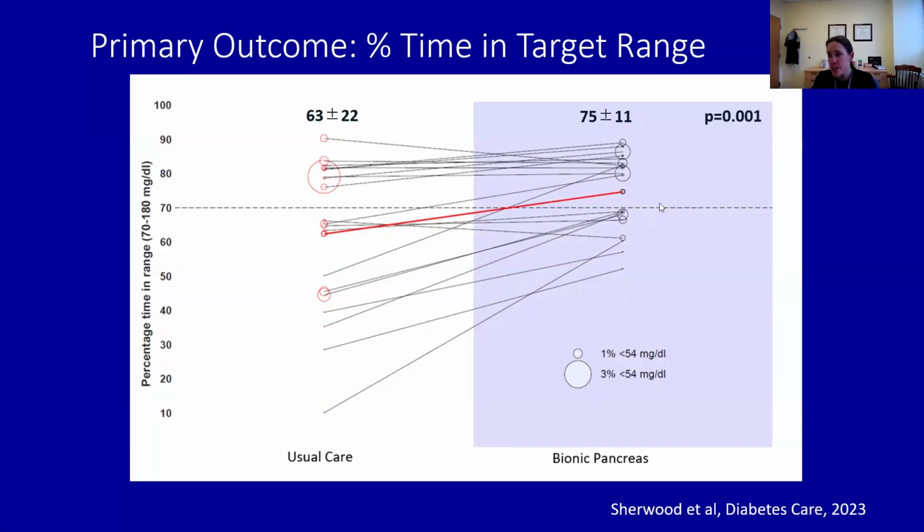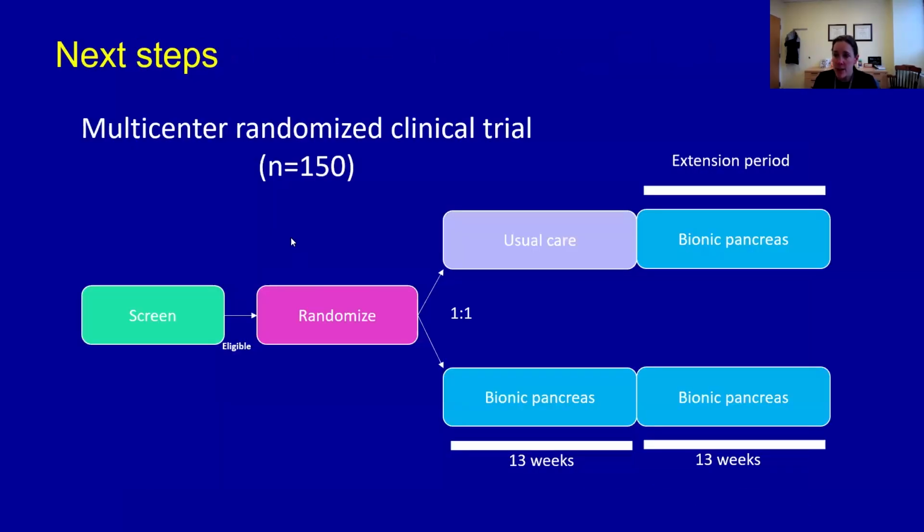Using this data, we are now moving forward with a randomized multi-center clinical trial funded by the CF Foundation, where we'll probably start enrollment in the next month or so. We'll be randomizing people to either usual care or the bionic pancreas over 13 weeks, followed by an extension period where everyone uses the device for the next 13 weeks.